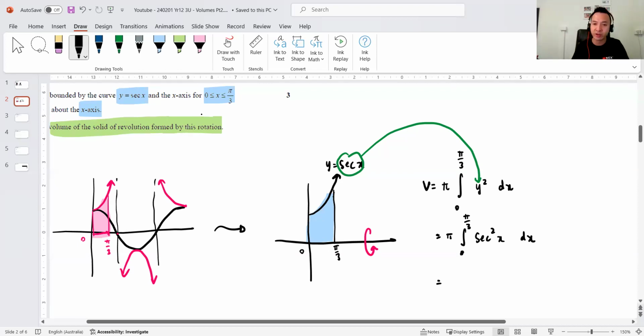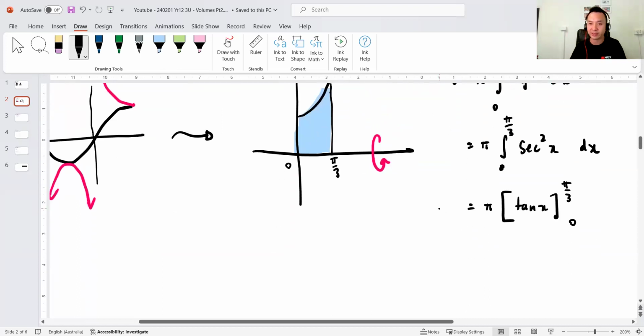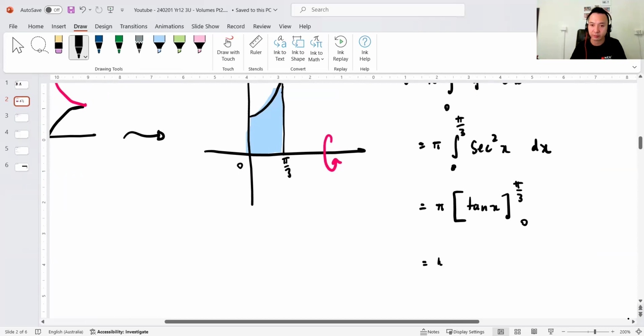So guys, we know that the integral of sec squared is tan x. So that just becomes tan x between pi on 3 and 0. And then sub in your limits, it becomes pi times tan pi on 3 minus tan 0.